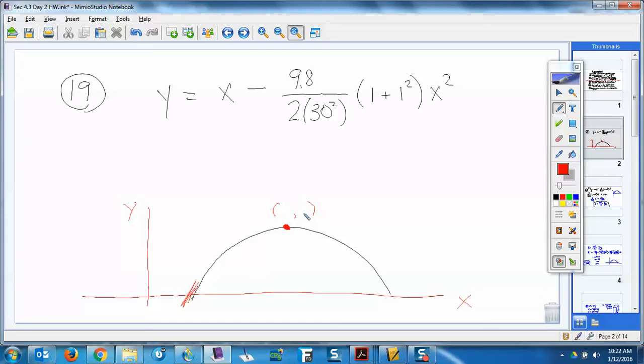And is there anything on that screen right now that would represent the y coordinate of that point? Isn't that right there the y coordinate of that point? But then the question is, how can we find that?